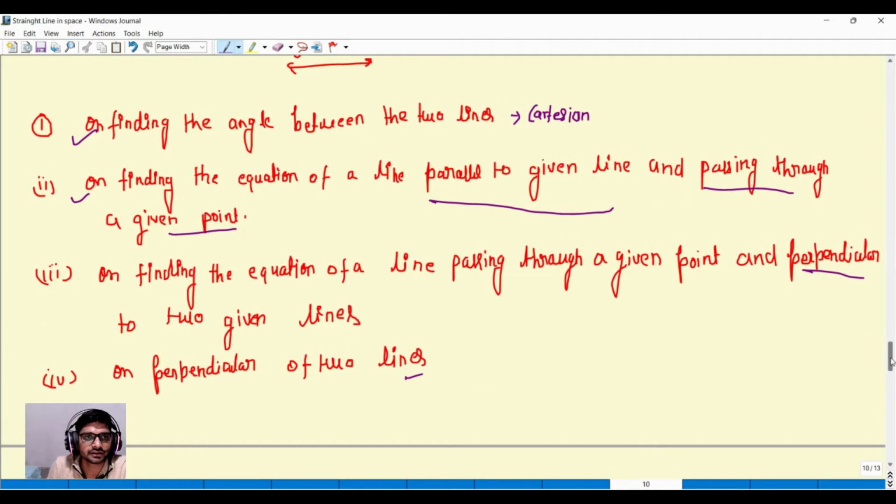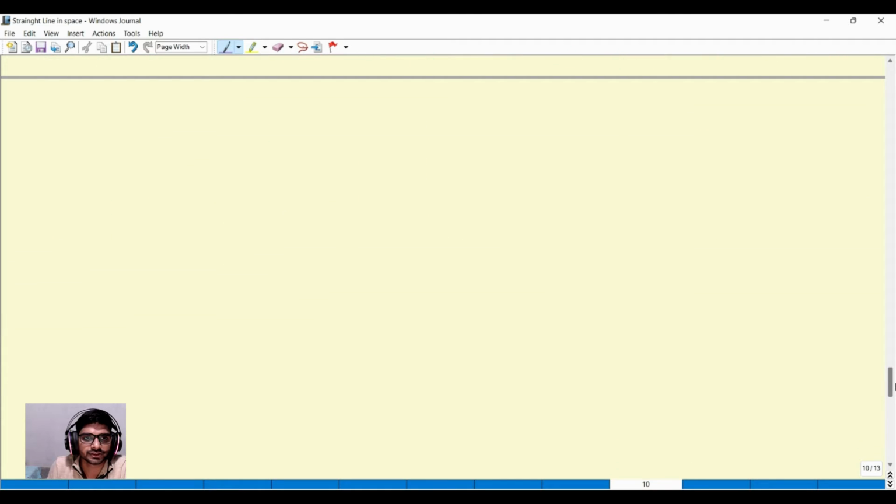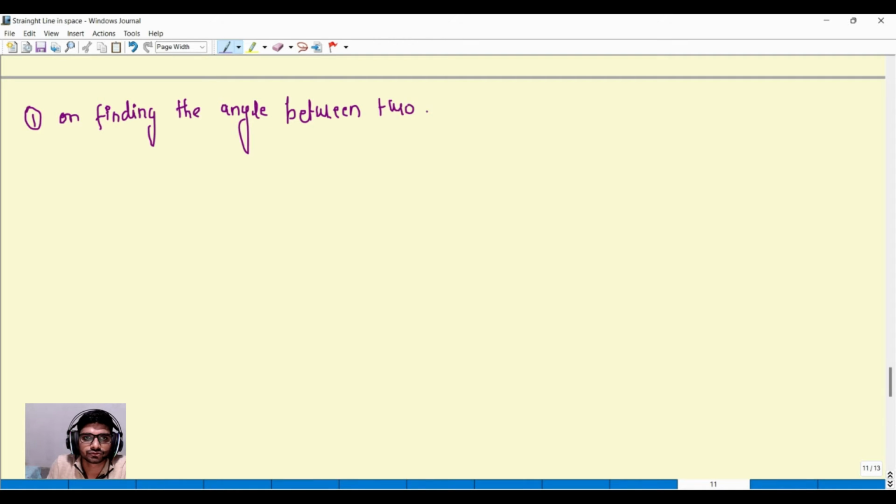So let's start with the first point: on finding the angle between two lines.